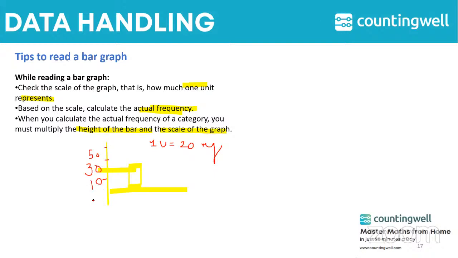Or we can take it as 20, then 40, 60. Correct? And we have marking at the second unit. So how much is the frequency for this height of the bar? We'll get 40.